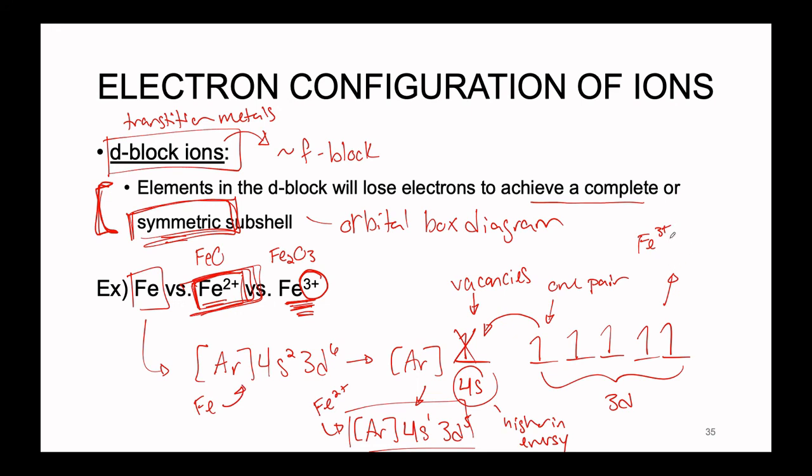So we have iron with a 3+ charge, having the electron configuration of an argon core, 3d5, and this is going to be it. No more of the electrons left in the 3d subshell are going to have incentive to move over into the 4s subshell, because now this subshell is nice, it's perfectly half filled, all of the electrons are the exact same in terms of energy and dispersion around the atom.